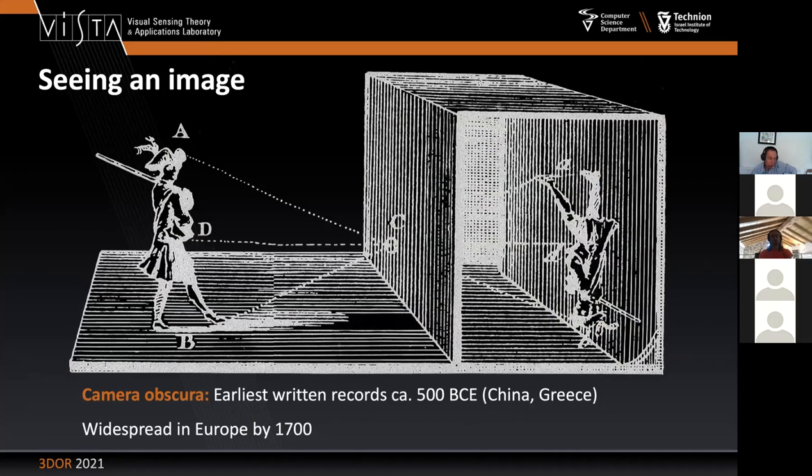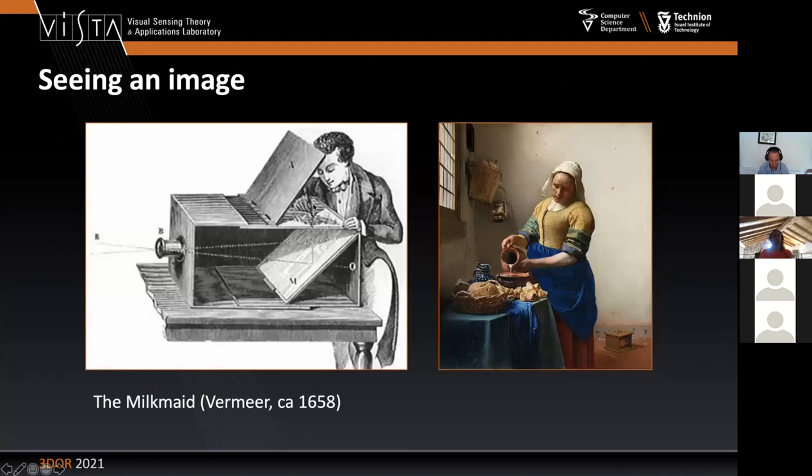This is the camera obscura, and as with any worthy thing that was known in Europe around 1700, it was probably invented before by the Chinese and the Greeks some 2000 years earlier. But it was widespread in Europe and was used in the 17th century, for example, to produce drawings and paintings. Some would even say that Vermeer was using a camera obscura to produce his almost photorealistic paintings, and that he actually used imaging devices for that.